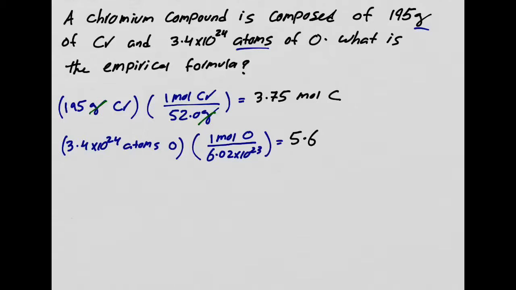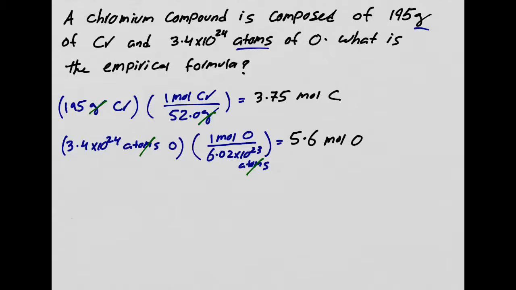You know how to convert grams to moles, using molecular weight. You know how to convert atoms to moles. You use Avogadro's number, right? And Avogadro's number is always for 1 mole. 1 mole is 6.02 times 10 to the 23rd atoms. So I get 5.6 moles of oxygen.